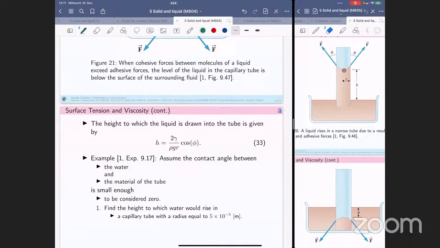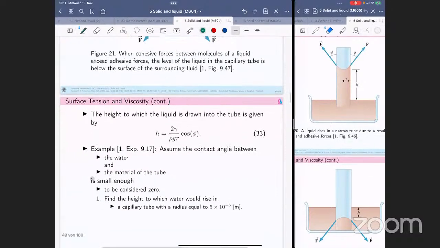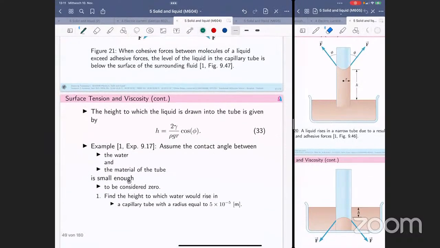The level of liquid inside the capillary tube is higher than the level of the liquid in the big container. Okay, and the material of the tube is small enough. When we look at this figure, they say the angle here is very small, close to 0.